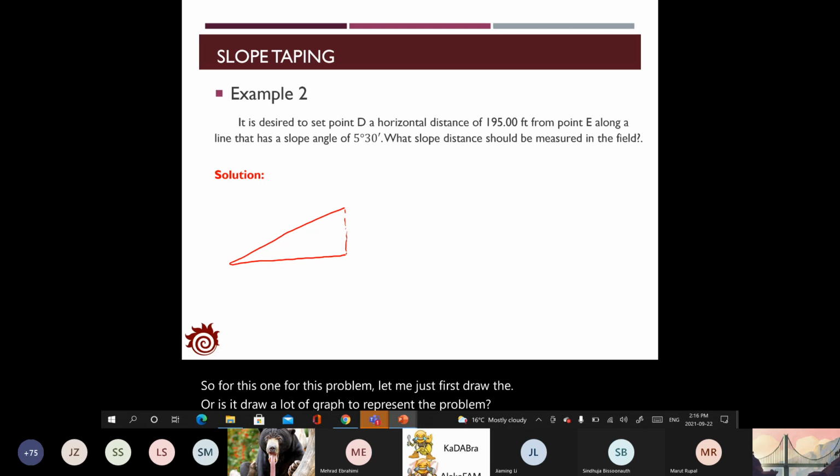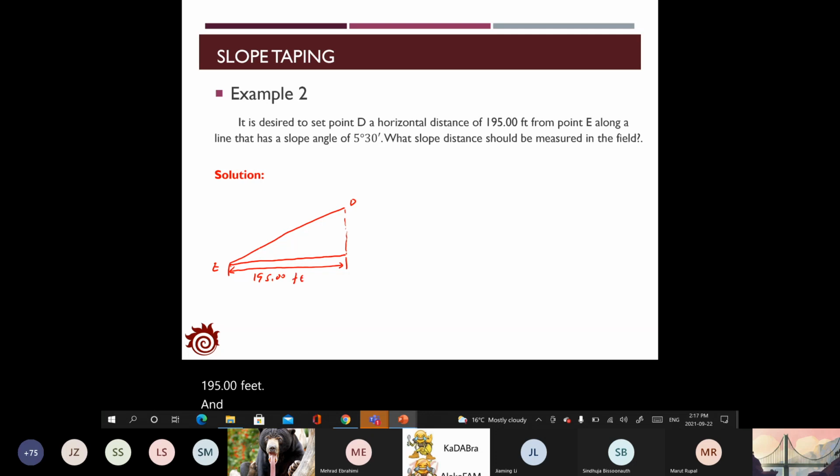We want to set up the point D from point E. So we have E here and D here, and we know the horizontal distance from D to E, which we want to set, is 195.00 feet, and the vertical angle is 5 degrees 30 minutes.